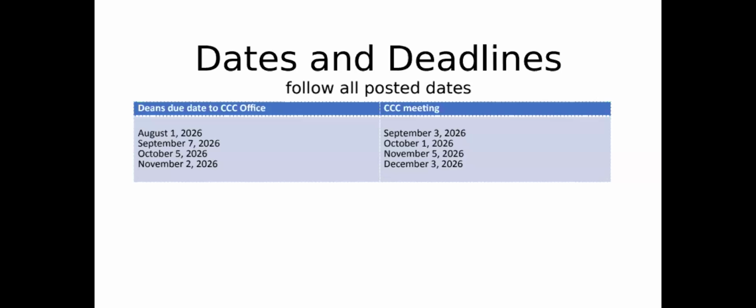So make sure the deans have it in their hands prior to that if you would like it to go to the September 3rd meeting, and then you can see the other deadlines. So the dean has to submit by the dates on the left. The meeting dates are on the right. I do have an item that I need to adjust, which brings me to our next topic.